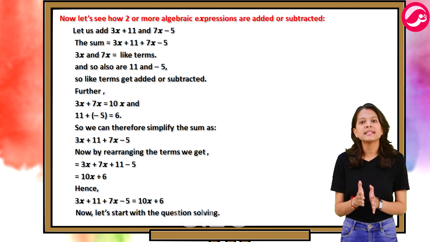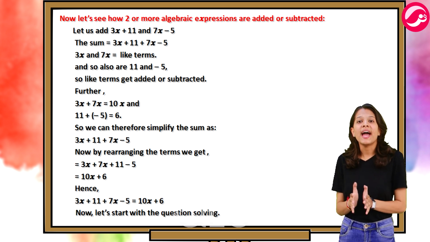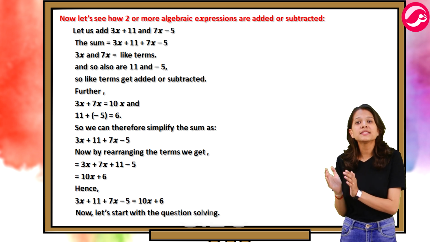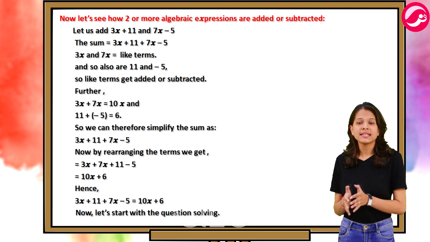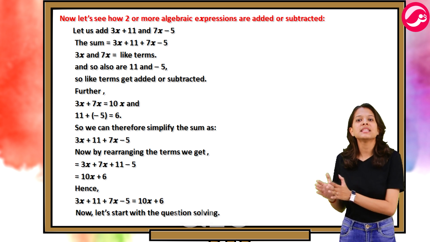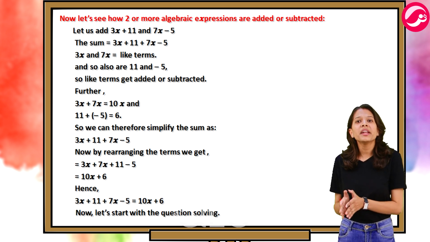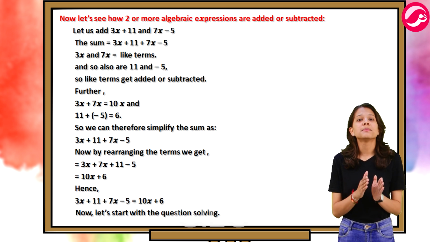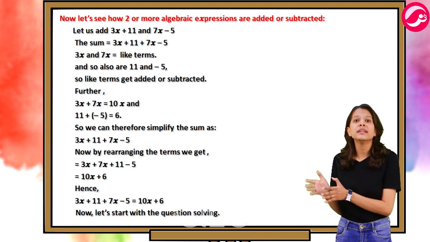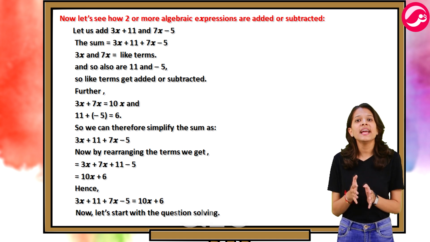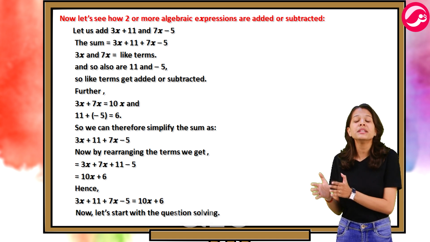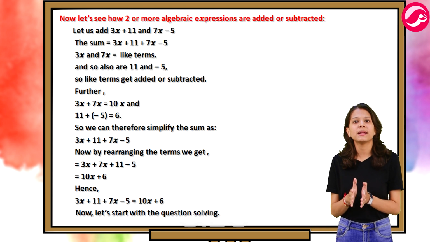Further, 3x plus 7x is equal to 10x, and 11 plus minus 5 is equal to 6. We can therefore simplify the sum: by rearranging the terms we get 3x plus 7x plus 11 minus 5, which gives us 10x plus 6. Hence, 3x plus 11 plus 7x minus 5 is equal to 10x plus 6.